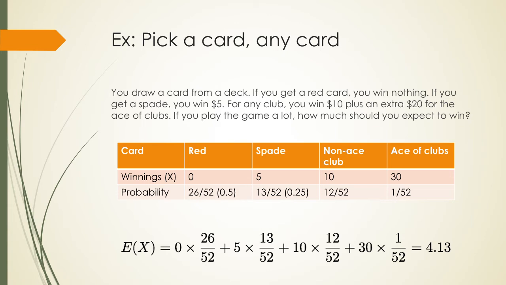We take each reward possibility, multiply it by the probability that it occurs, and add up all the values. This gives an expected value of 4.13. In other words, if you were to play this game many times, you could expect to win an average of $4.13 per game.